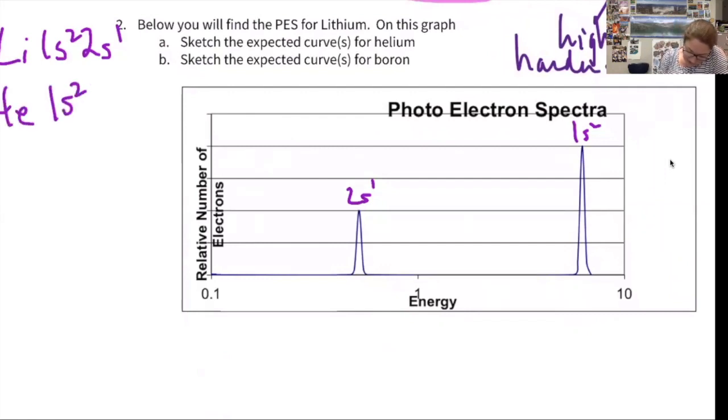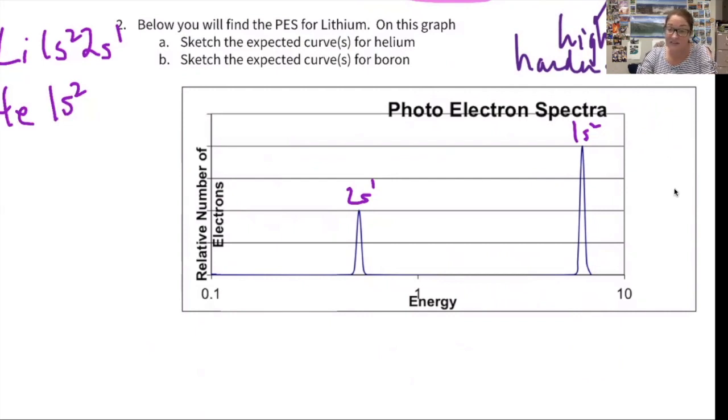Helium has 2 protons. Let's try that again. Helium's just 1s2. Helium has 2 protons, lithium has 3. Since lithium has more protons, it's going to pull its electrons more tightly. Helium's electrons are easier to remove than lithium's because helium has fewer protons.